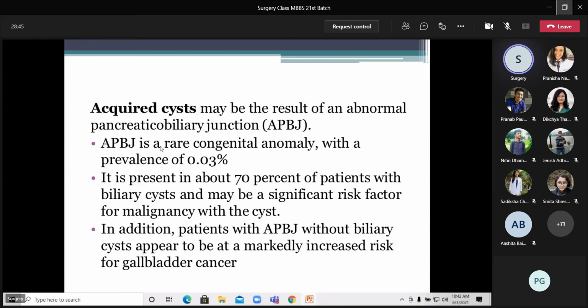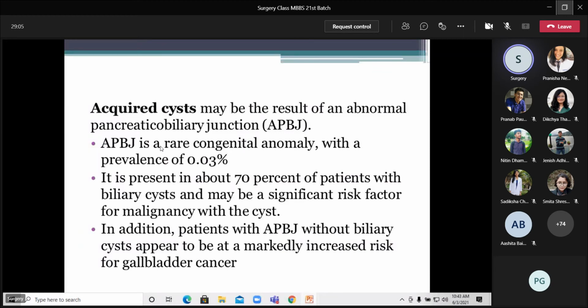Acquired: how are you going to get acquired? It may be the result of abnormal pancreatico-biliary junction. The abnormal pancreatico-biliary junction will be in a congenital form, but later, due to that, the patient may develop a choledochal cyst.